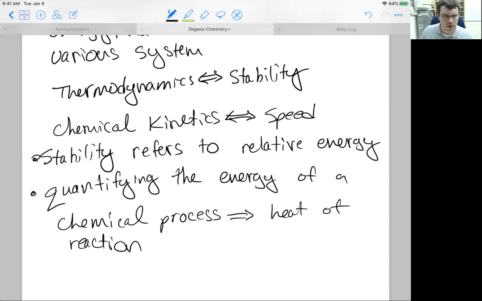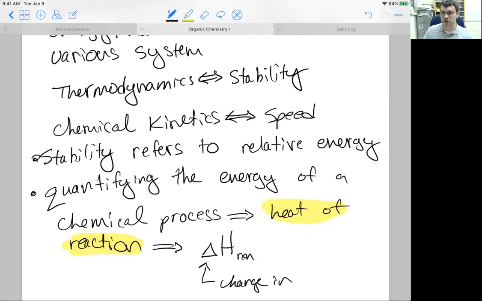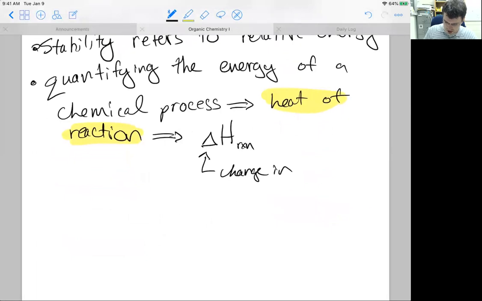The heat of reaction is a mathematical term in most cases, and we call it delta, a capital delta for change in, and we write big H, and the letters Rx in. Sometimes you just see delta H, but I want you to have Rx in there to remind us that we're talking about the heat of a reaction.